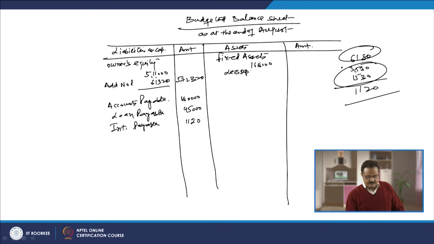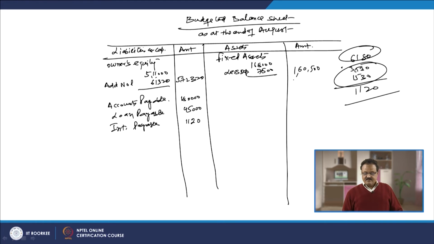How much is the depreciation? 7,500. So, how much is the balance of assets left? We are left with 1,60,500, right. This is the amount of fixed assets we are left with after depreciation.